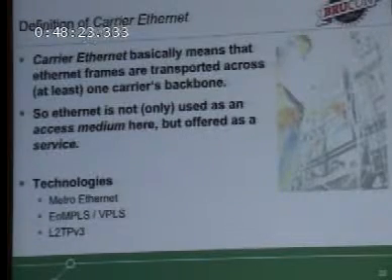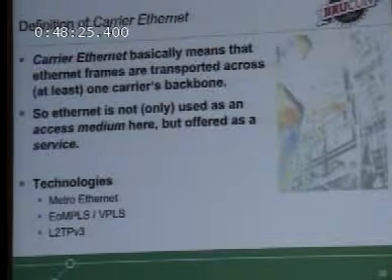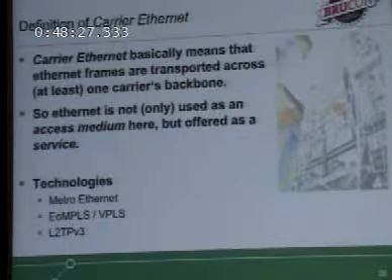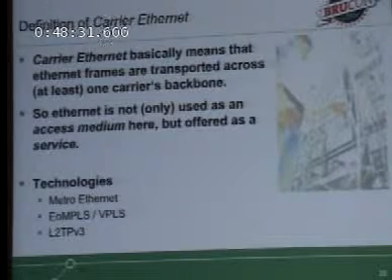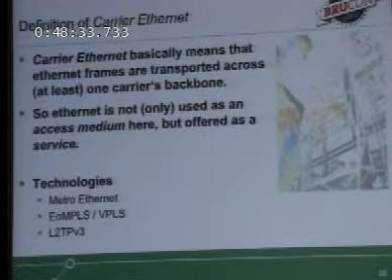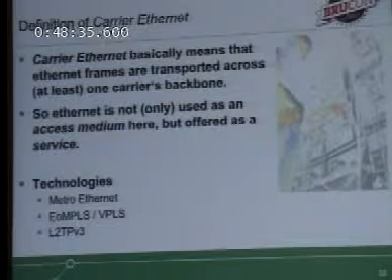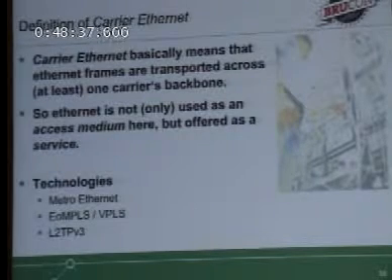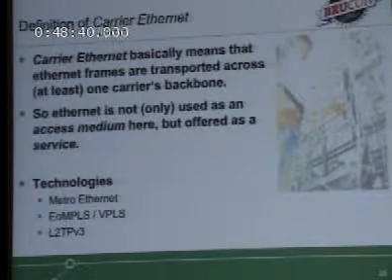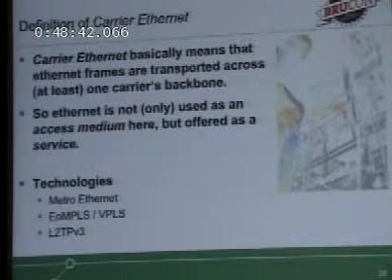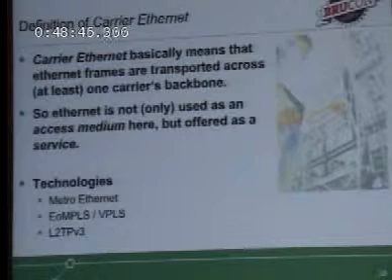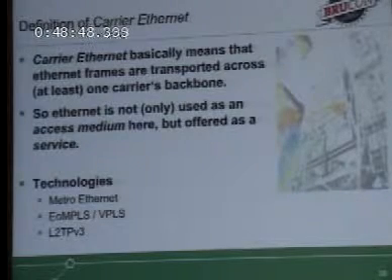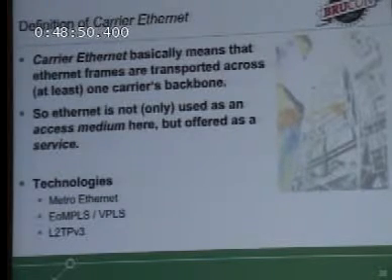The third part of the presentation is about carrier Ethernet and the definition of carrier Ethernet. Carrier Ethernet means that some Ethernet frames are transported across the carrier, mostly one carrier. Sometimes a lot of carriers are cooperating, but you can transport your Ethernet frames from one point of the MPLS to another point of the MPLS.